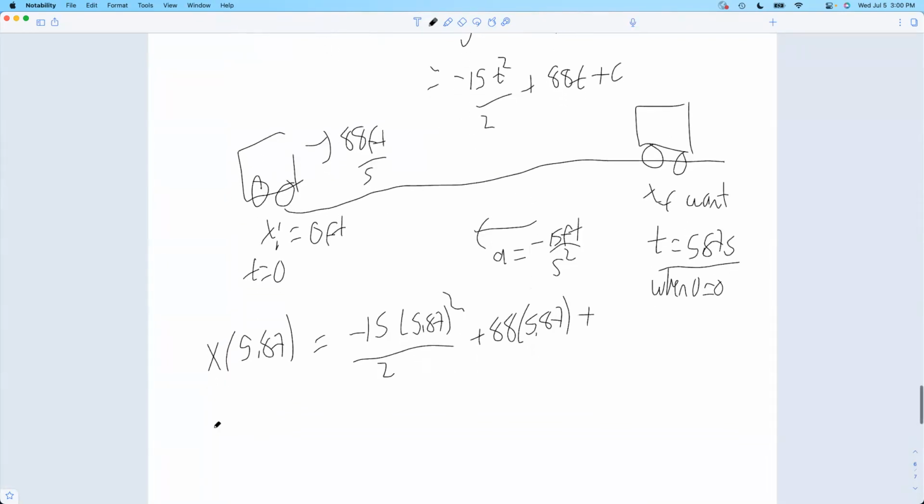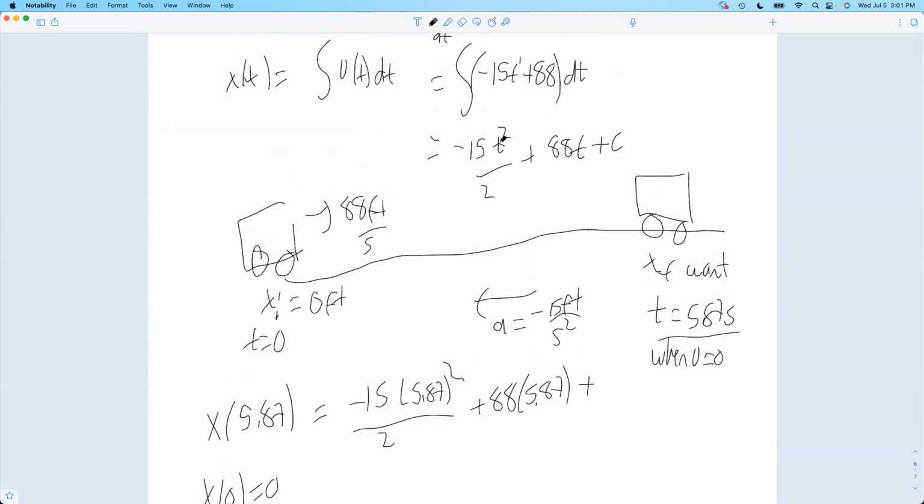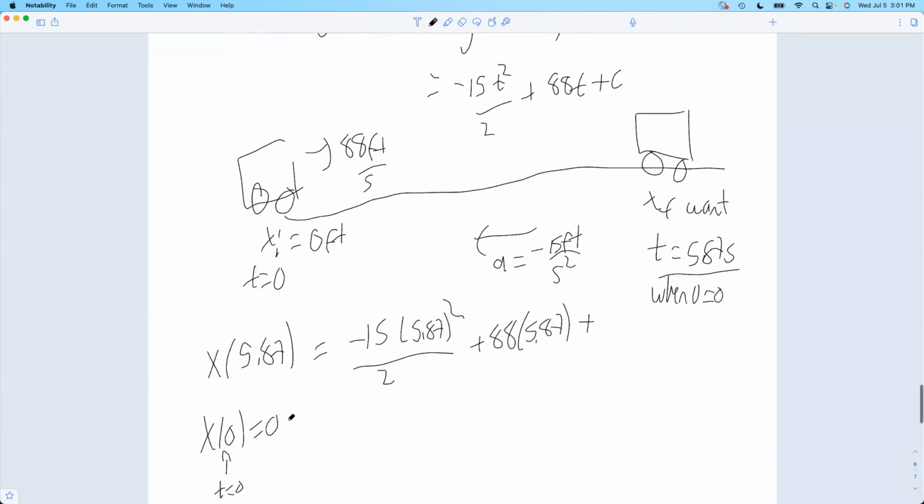Should have done that first. I chose x of 0 equals 0. That's at time 0. So now we can just plug in 0 plus 0 plus c. I get c equals 0. So I got to choose this.